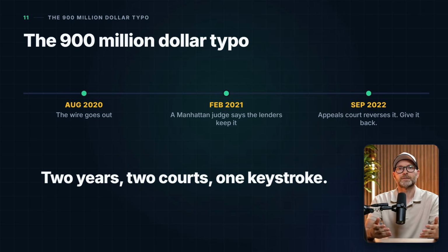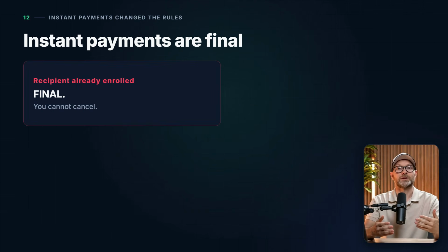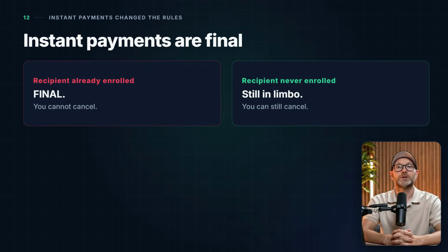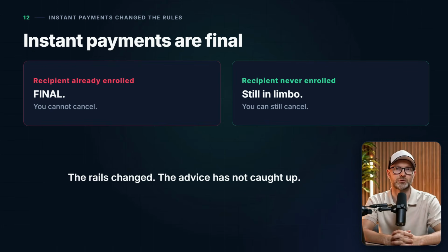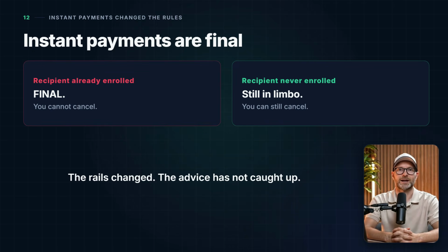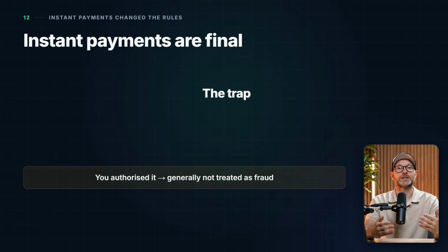One more thing, because the rails changed and the advice has not caught up. Older transfers gave you a small window. Instant payments do not. On a service like Zelle, once the person you paid is enrolled, the payment is final. The only case where you can still cancel is when the recipient never enrolled, so the money sits in limbo waiting to be claimed. And here is the trap.